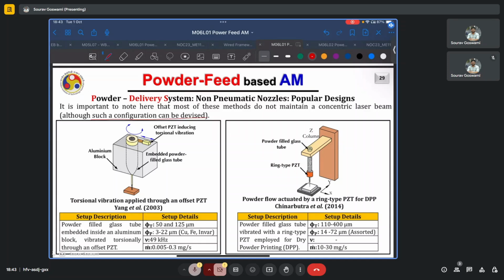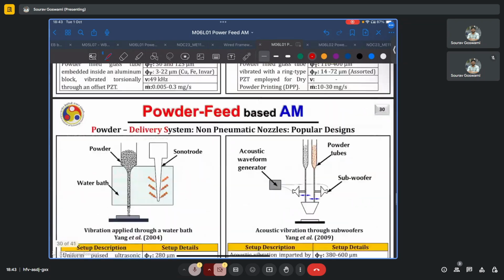The particle size also is far greater, between 14 and 72 micrometer, which is a more realistic powder distribution. The frequency has not been explicitly stated, but the powder deposition rates can be as high as 10 to 30 milligram per second. So again, one order of magnitude higher than the previous case.